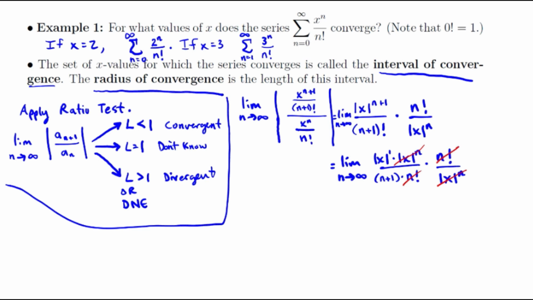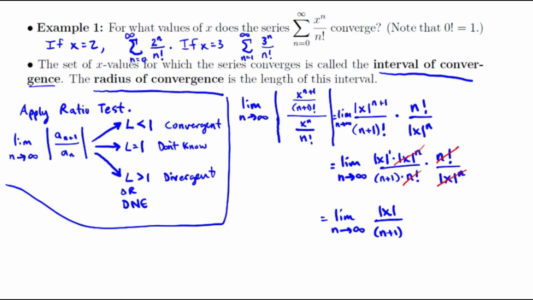And so as I do that, all I'm left with is the limit as n goes to infinity of the absolute value of x over n plus 1. Now, remember, what we're searching for is what numbers could I put in for x that will give me a limit less than 1. Well, if I put in a 1 for x, 1 over n plus 1 goes to 0.